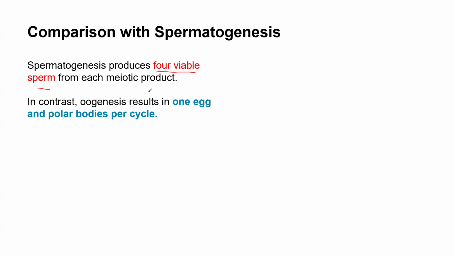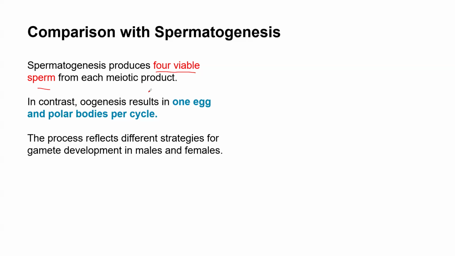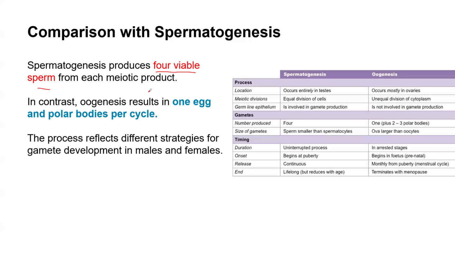For each cycle, 1 big egg is developed and 3 polar bodies are generated. The process reflects different strategies for gamete development in males and females.